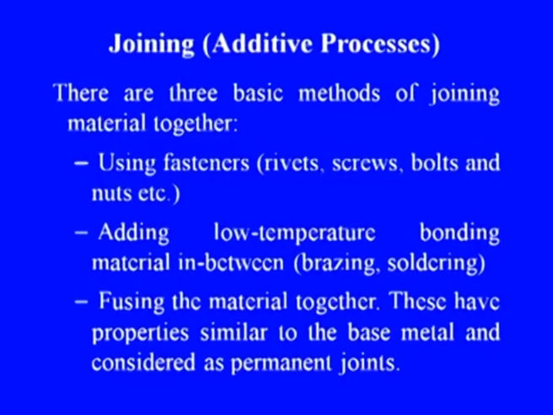And number 3, fusing the material together. These have properties similar to the base metal and are considered as permanent joints.